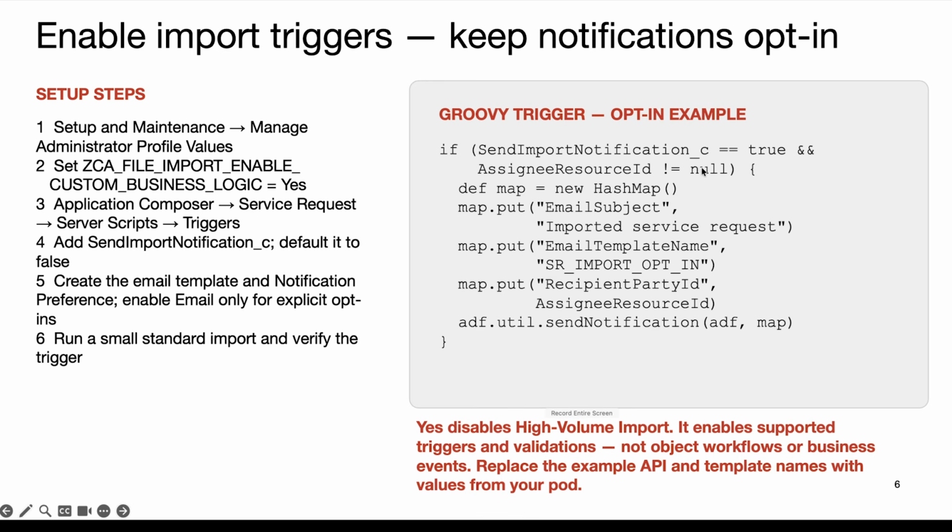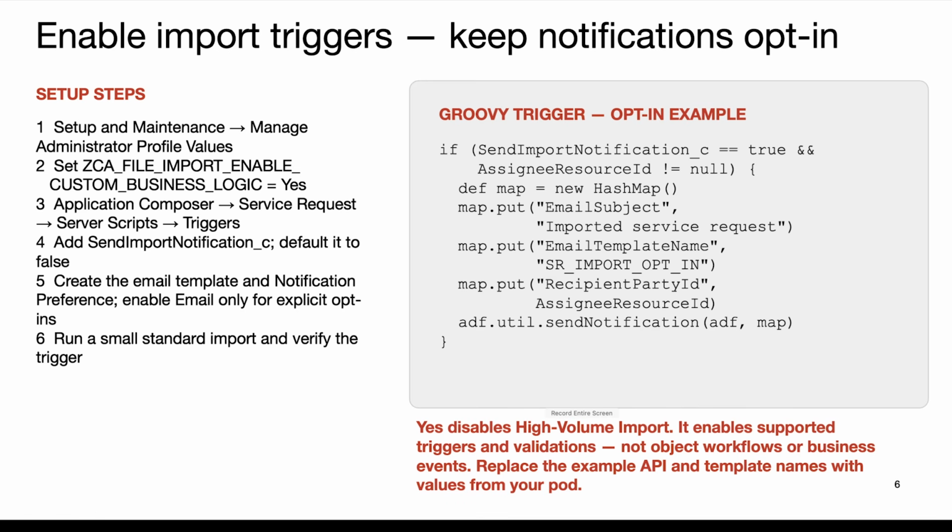And let's kind of break it up by the different steps that are going on. The first step is we're saying, in this case, this is a custom field. So this would be a checkbox. So if this checkbox is true and the assignee, so whoever's assigned to the service request, is not null, meaning there is someone on the service request.